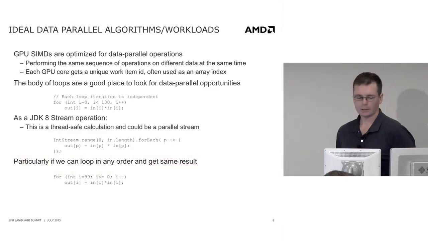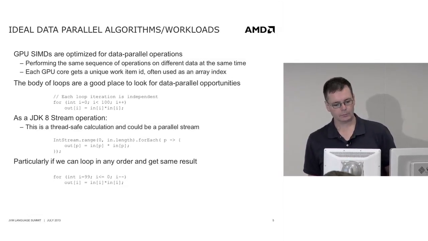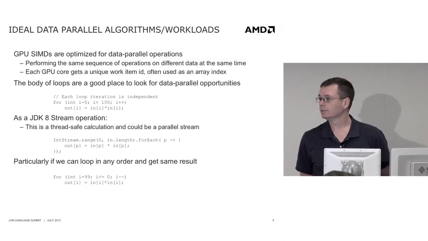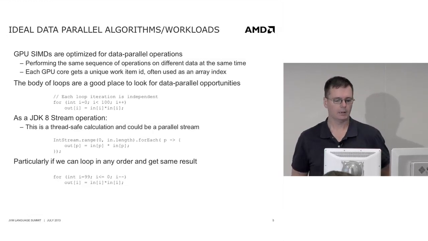So in particular here, what kind of algorithm are you going to be able to offload? GPU SIMD is a data parallel programming paradigm, and that really means you're doing exactly the same operation on different data all at the same time. You can basically think of it as 1,000 threads all pretty much in lockstep, all doing the same thing at the same time.